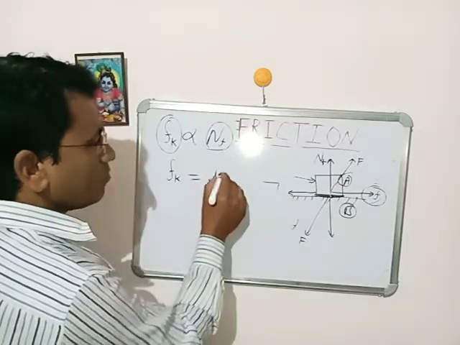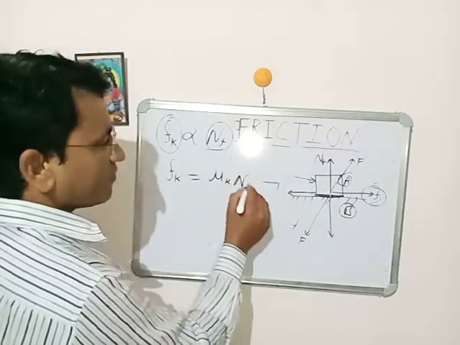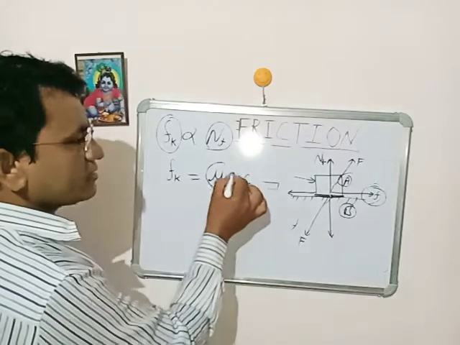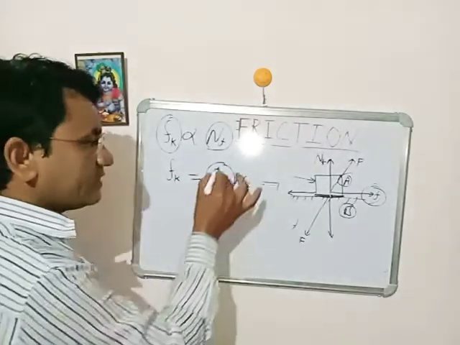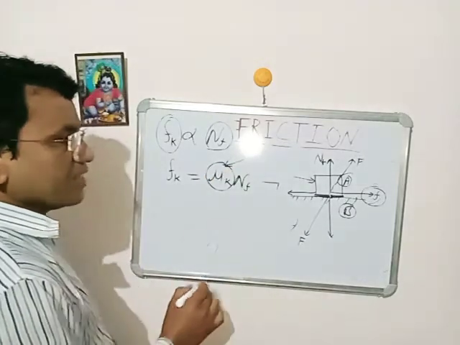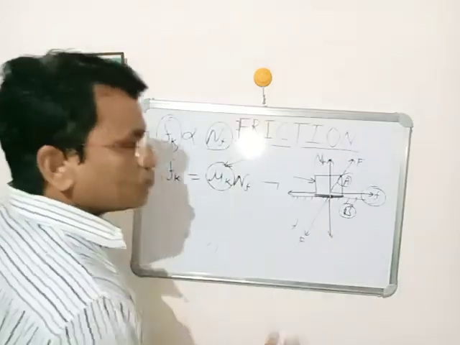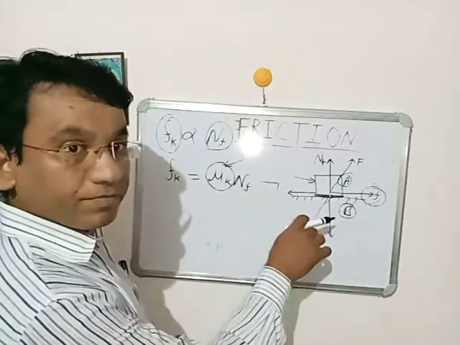Fk is equal to mu k N F, where mu k is the coefficient of kinetic friction, and that coefficient depends upon the material of the body.